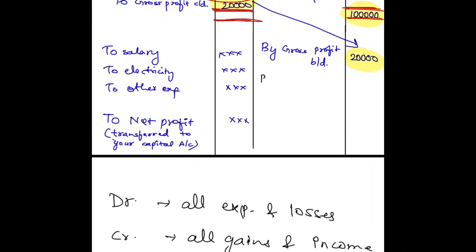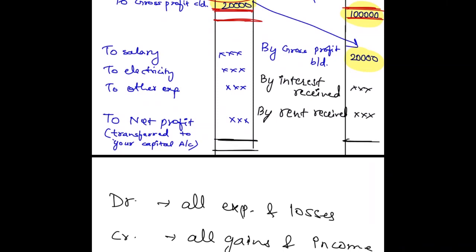So if you have earned any interest, you will mention it over here as interest received. If you have received any rent, you are a landlord, so there would be rental income. By rent received, everything will come on the right. And then you have to do the total again.